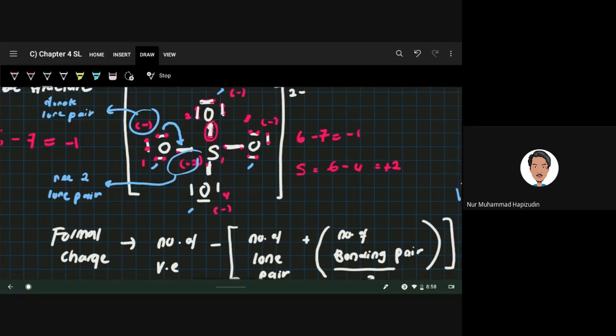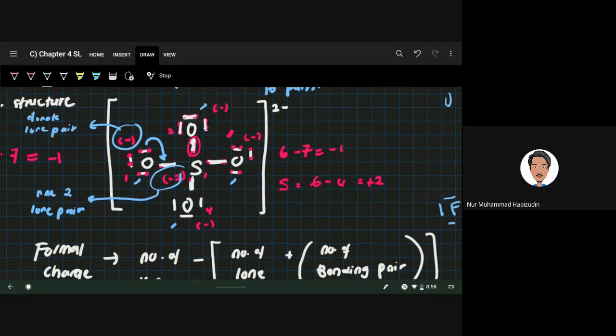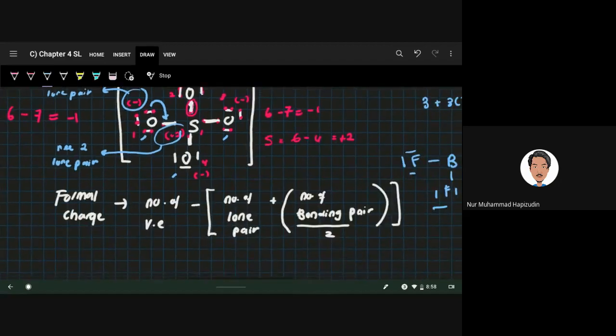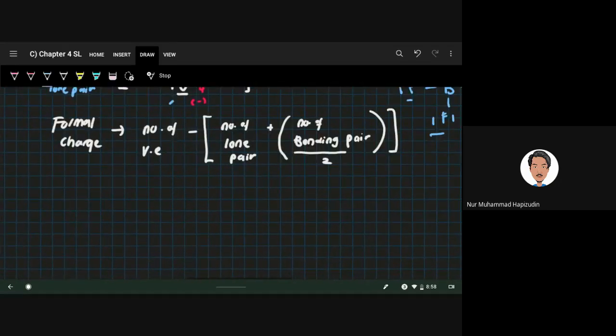So in this case, we have 4 oxygen, right? 4 oxygen must donate their lone pair to the sulfur, but sulfur just need 2 more lone pair. Jadi apa yang berlaku adalah, cuba tengok structure dia macam ni. Saya boleh draw begini. Okay, this is second structure lah for sulfur. Okay.